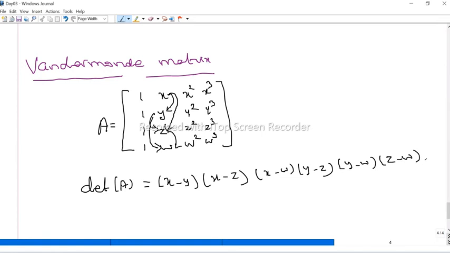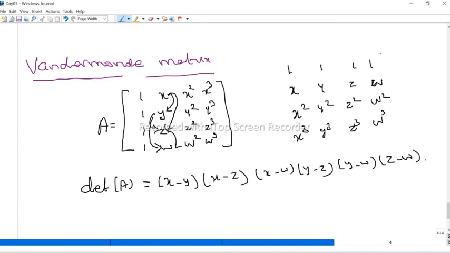So this is the determinant of the Vandermonde matrix. The Vandermonde matrix looks like this: 1 1 1 1, x y z w, x square y square z square w square, x cube y cube z cube w cube. Any matrix of this form is a Vandermonde matrix. Sometimes the matrix may be given like this: 1 1 1 1, x square, x cube, y square, y cube, z square, z cube, w square, w cube.